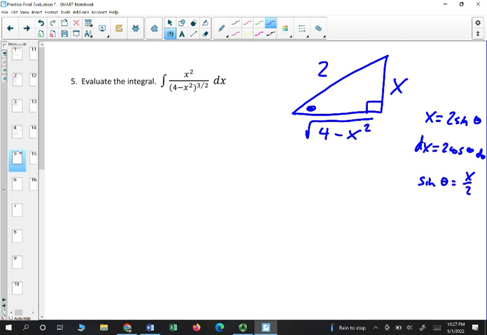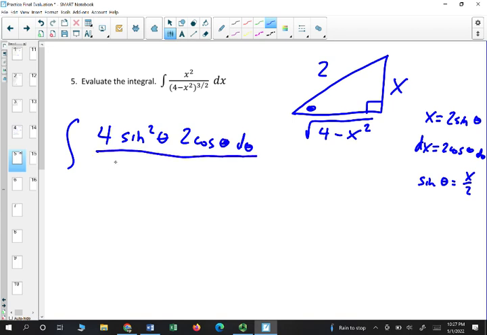Alright, so let's start with our trig substitution. We have x squared, so that's going to be 2 sine theta squared, so that will be 4 sine squared theta. Dx would be 2 cosine theta d theta.